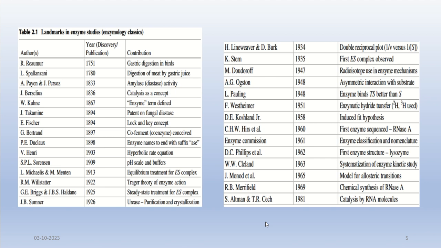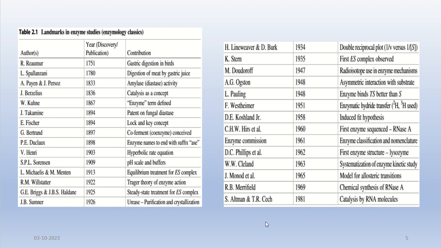First, gastric digestion in birds was discovered or published in 1751 by Reaumur. Then after 5 years, digestion of meat by gastric juice was investigated by Spallanzani.